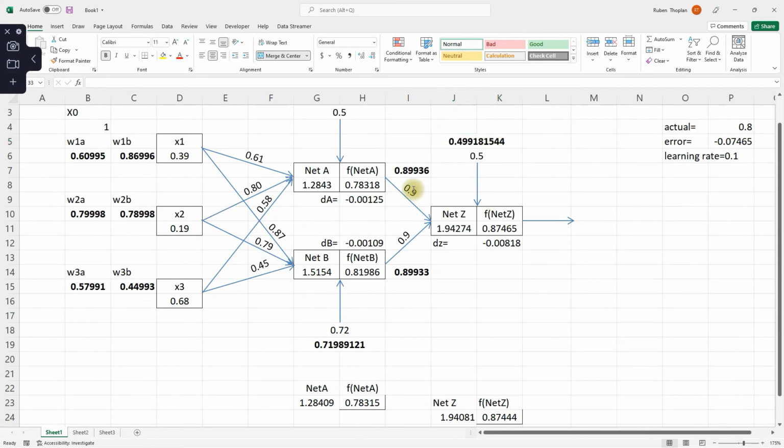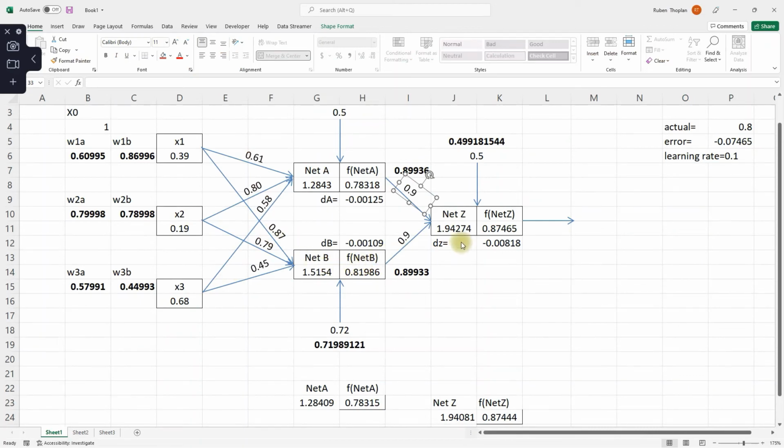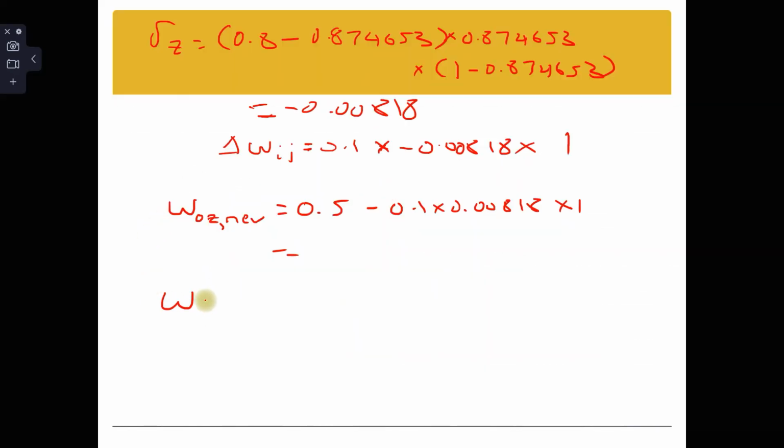And we do the same thing for the 0.9. To obtain the updated weight for 0.9, we take 0.9. So W, we call it AZ here, WAZ new is equal to 0.9 plus 0.1 multiplied by negative 0.00818 multiplied by XAZ.